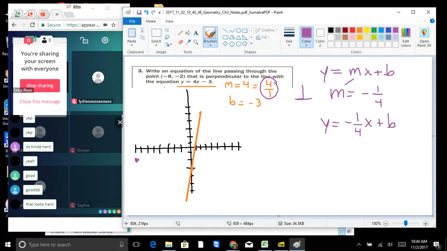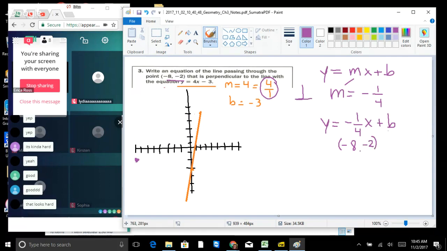Now I have too many unknowns. I have an x, a y, and a b. I need to figure out my b, remember, the y-intercept, in order to be able to graph this. All right, the other piece of information that they've given me is that there is a point at (-8, -2).